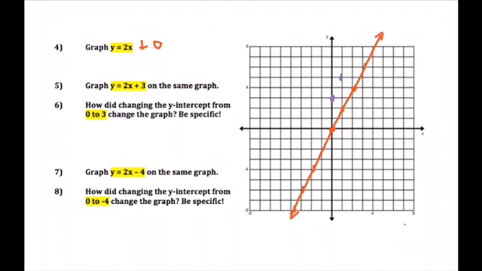Now we already know that if lines have the same slope, they're parallel. And so the question is, how did changing my y-intercept from 0 to 3 change the graph? So I'm kind of asking if I was to take this red and move it to the purple, what would I do?